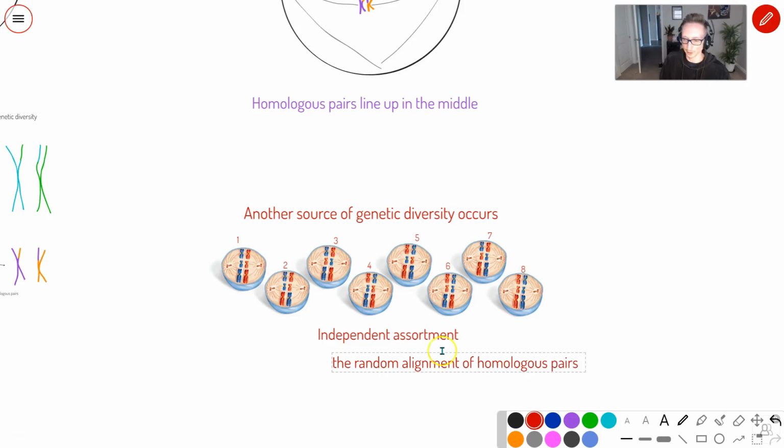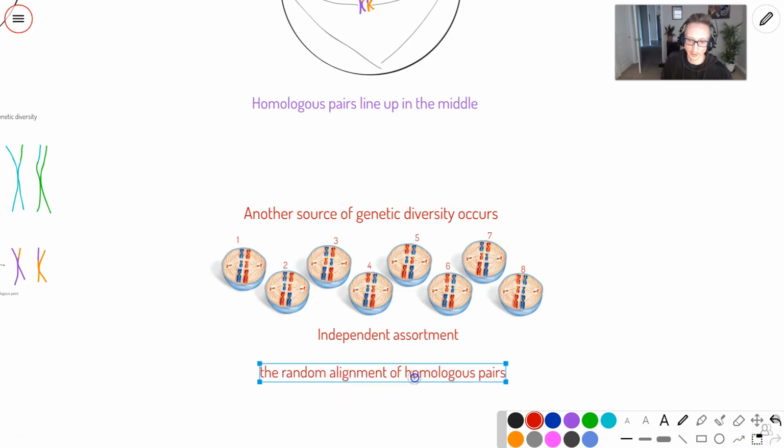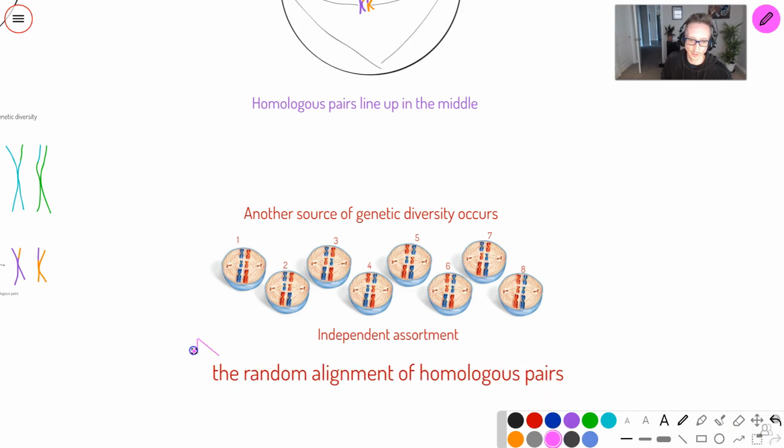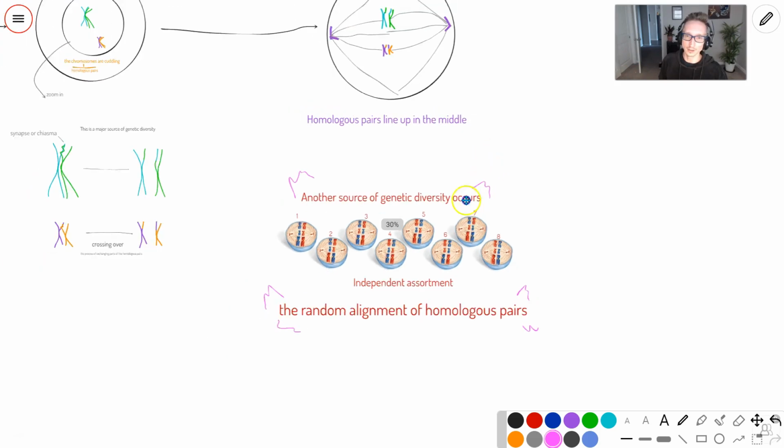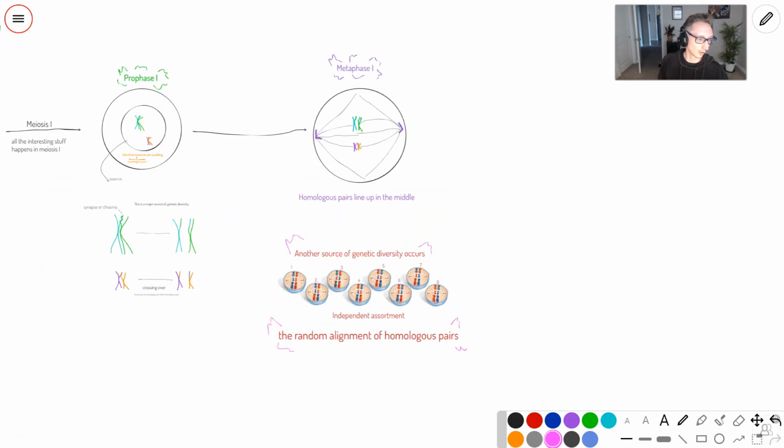I have such a hard time with that word, just typing it. Homologous. This is super important, because it's increasing the odds that we're not going to have the same genes coming out in the same offspring. We're going to increase our genetic diversity in our gene pool, which increases our chance for survival. It's pretty crazy.